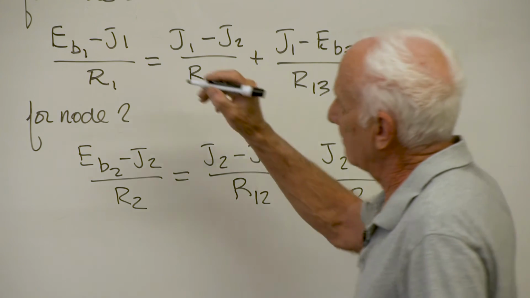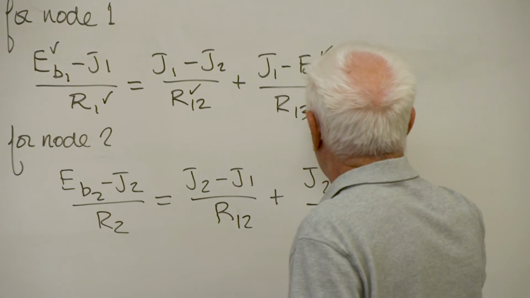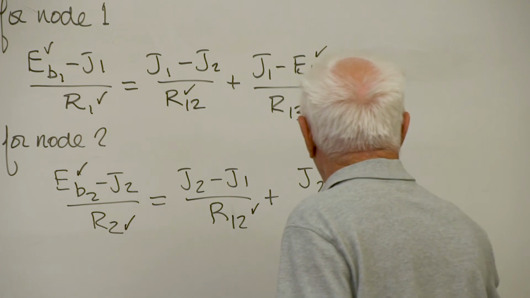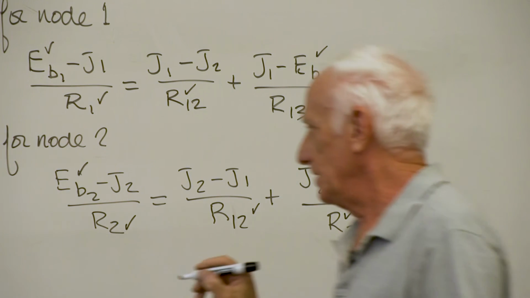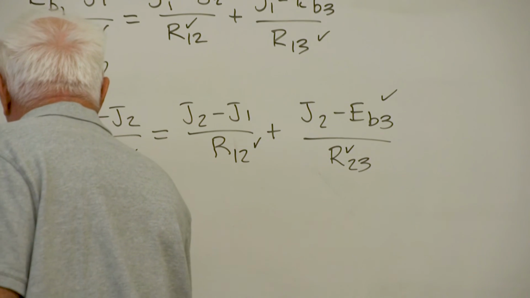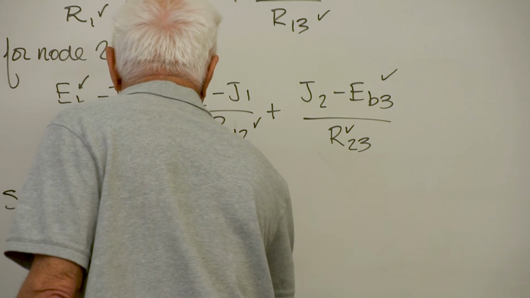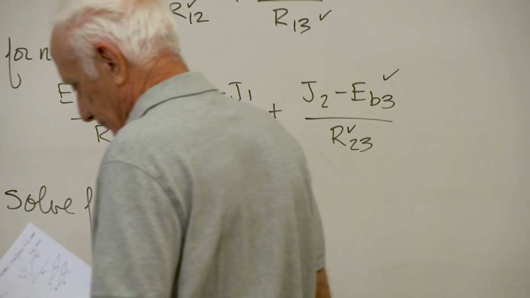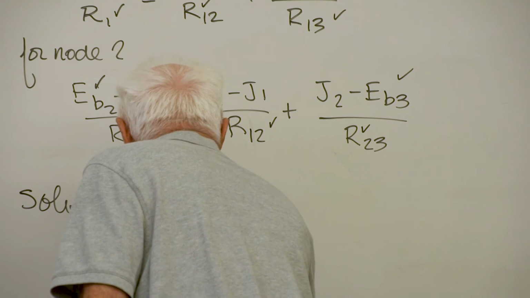Put a check mark by everything you know. See how many unknowns are left? 2, J1 and J2. Solve those two equations for J1 and J2.